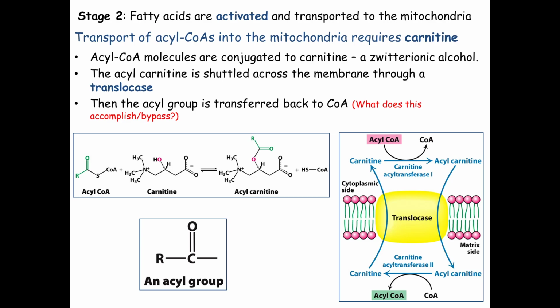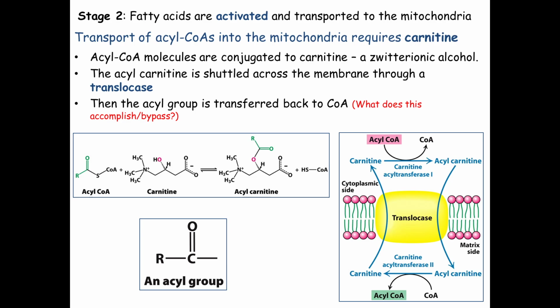So overall, what have we accomplished? We took our acyl-CoA and moved the acyl part of it inside the matrix without having to move the CoA part. So this accomplishes getting the carbons in, but it bypassed having to drag the CoA through the membrane, because it's not very easy to get that through the membrane. And that's all this is doing.